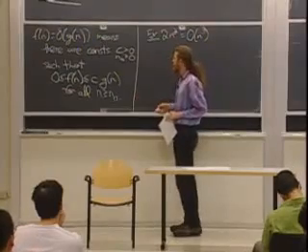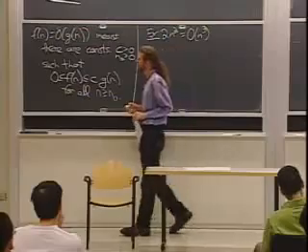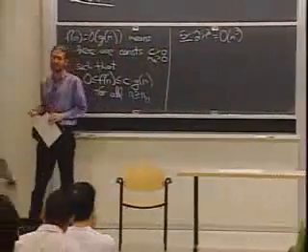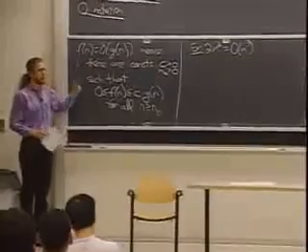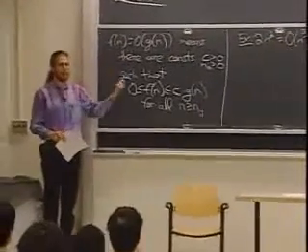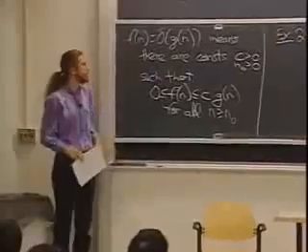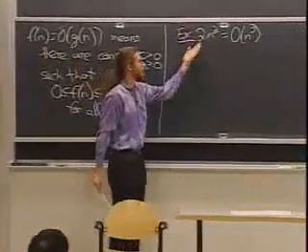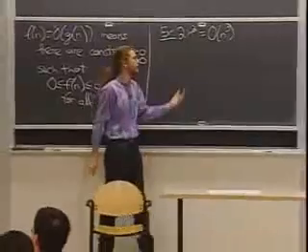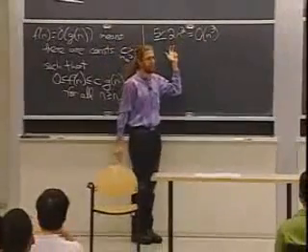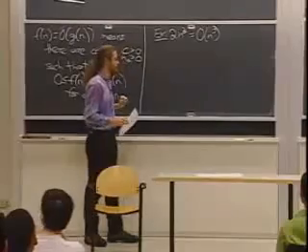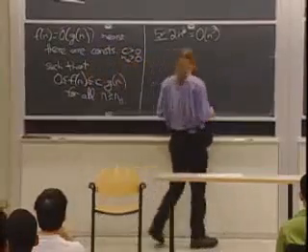A funny thing about this notation is that it's asymmetric. Normally you think of equality being symmetric: if a equals b, then b equals a. But it's not true here. We don't have n cubed being big O of n squared. You don't even have big O of n cubed equaling n squared. We'll see exactly what that means in a second.